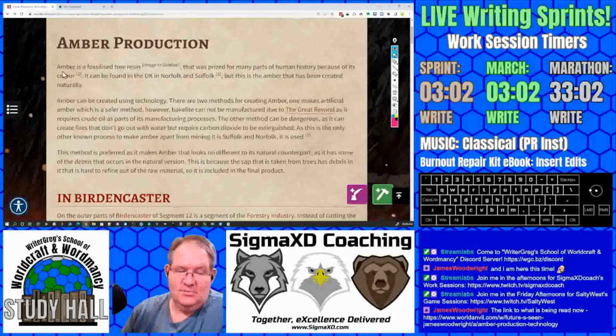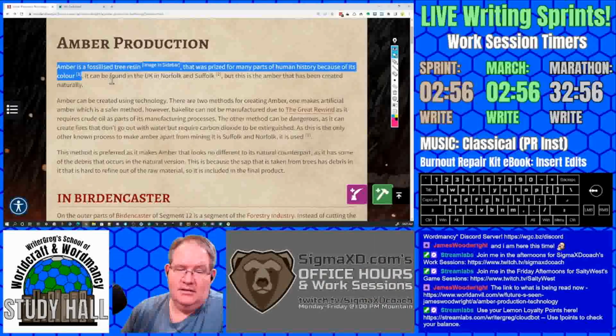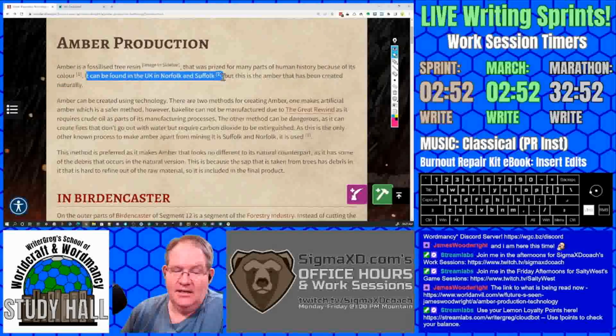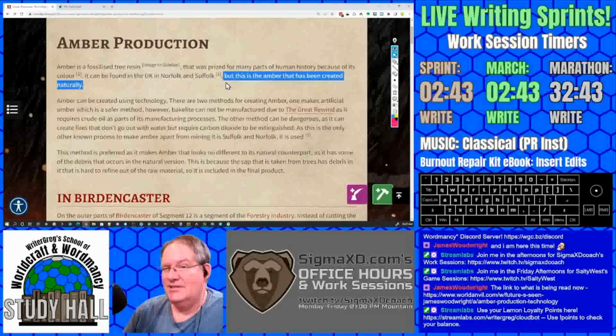The sentences could be a little bit tighter. I like the first sentence. It's good. It can be found in UK and Norfolk, but this is amber that has been created naturally. This second half of the sentence really doesn't need to be there.